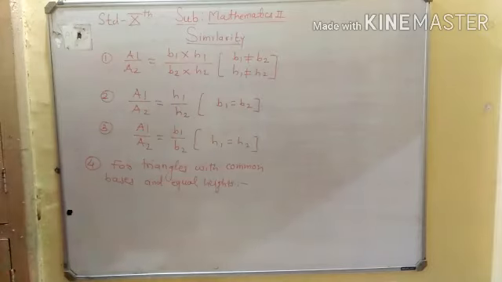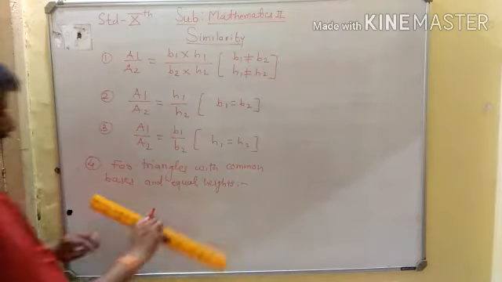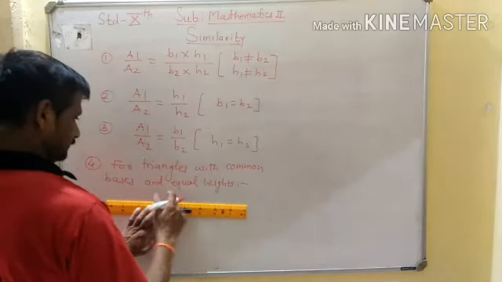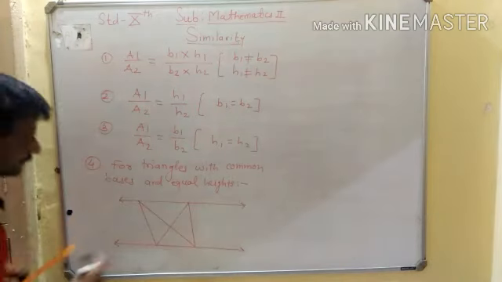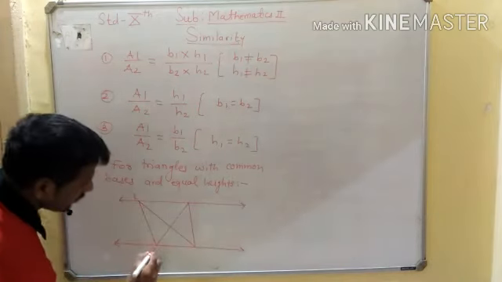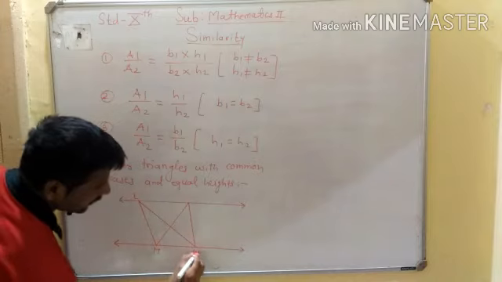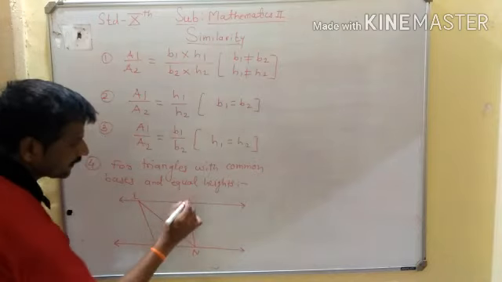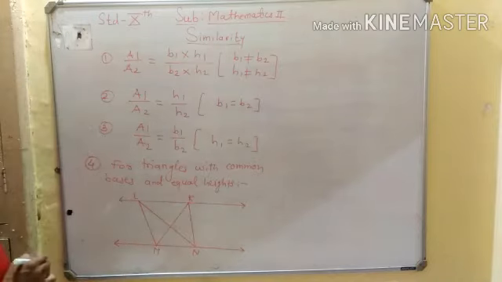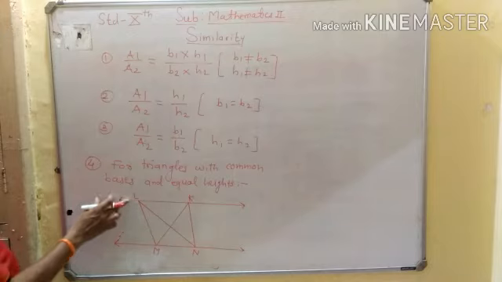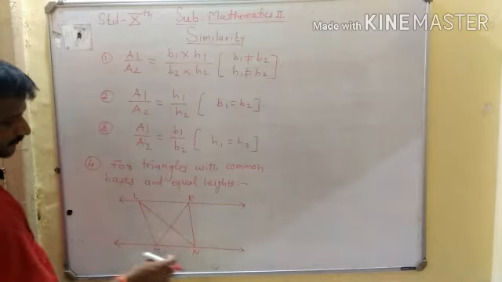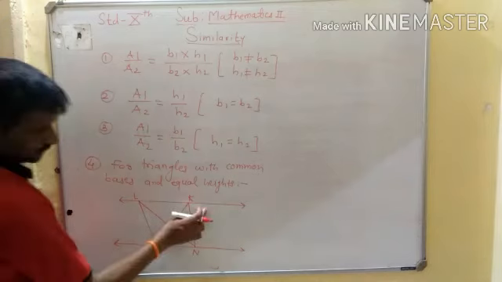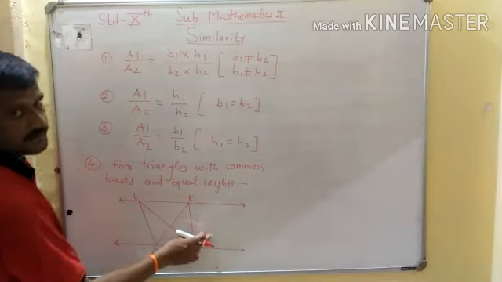Okay, now construct the figure here. Name it triangle LMN and triangle MNK. Here triangle LMN and triangle KMN lie between the two parallel lines.